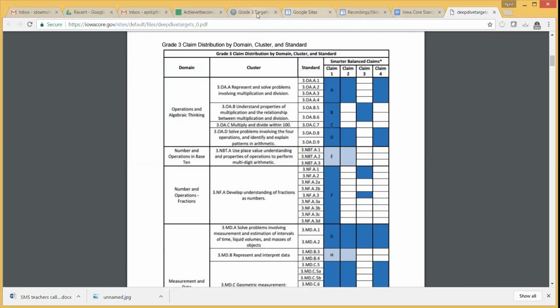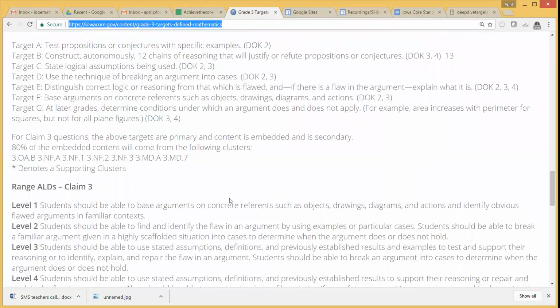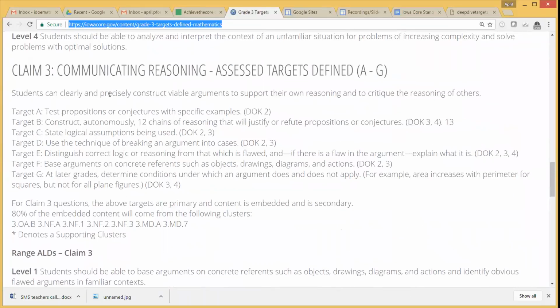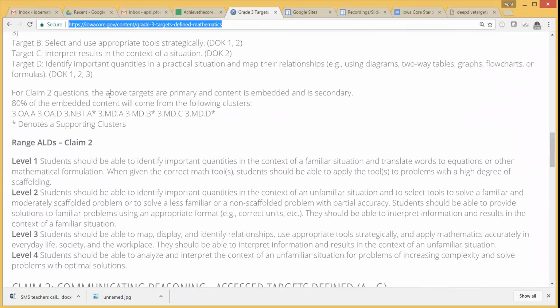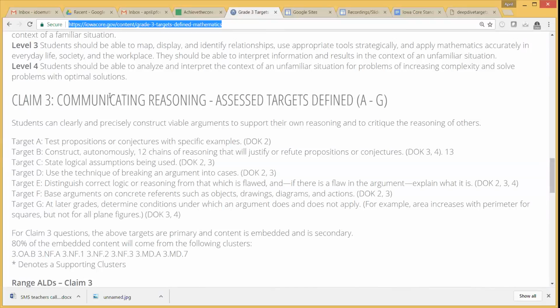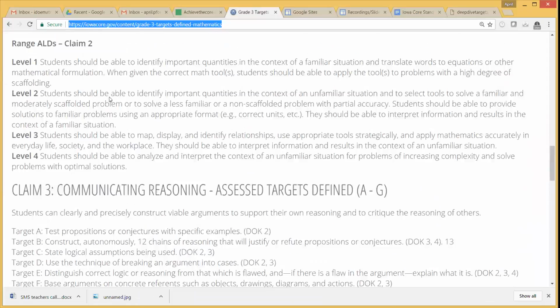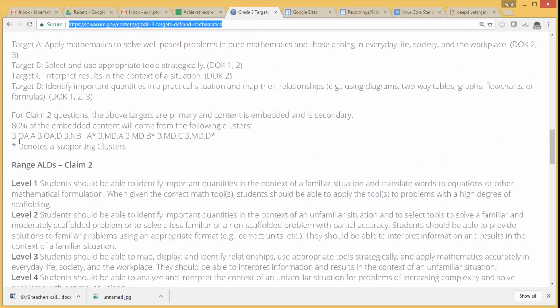So I want to go back to our target page here. And that little asterisk just means up above. When I came back in here, sorry, I had scrolled too far. When I come back in here, I noticed that this asterisk means that they're supporting standards up above.